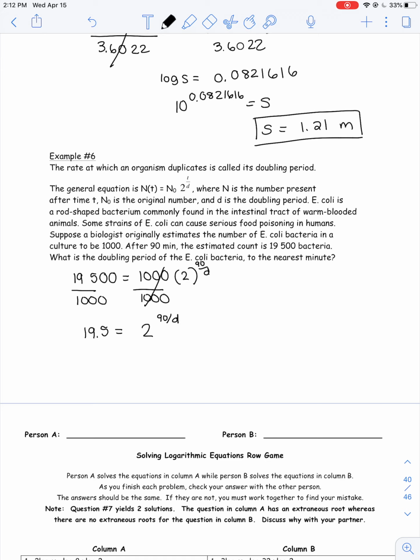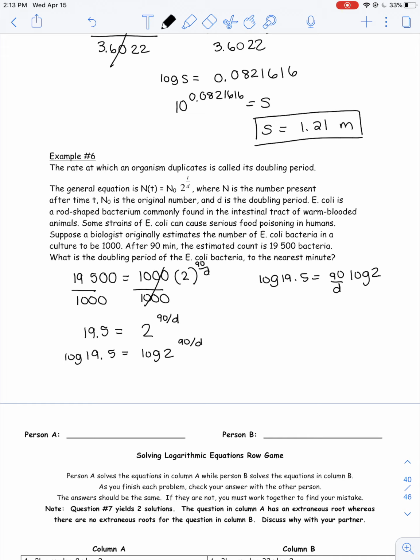Next, we're going to put log on both sides. And because of the power rule, we can bring that 90 over D in front. So in front of log 2, you're going to write 90 divided by D, and then log 2 is now multiplying.